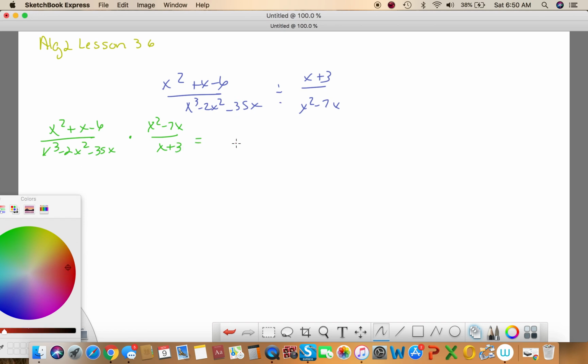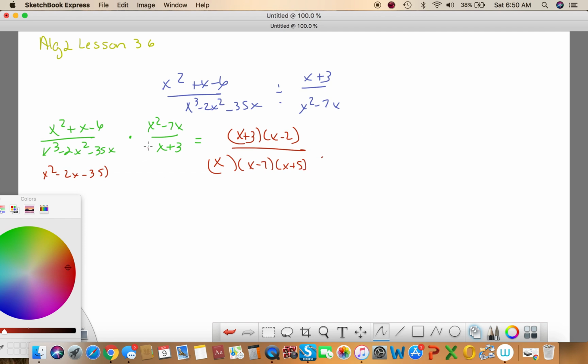So the numerator factors to x plus 3 times x minus 2. Over, I can factor out an x, which leaves me with x squared minus 2x minus 35, which factors to x minus 7 times x plus 5.